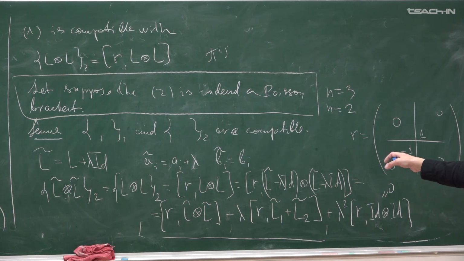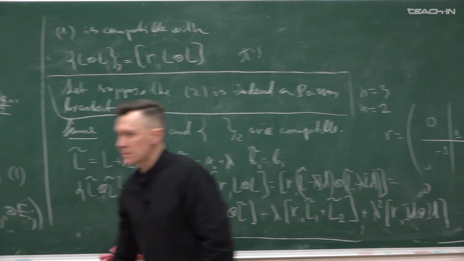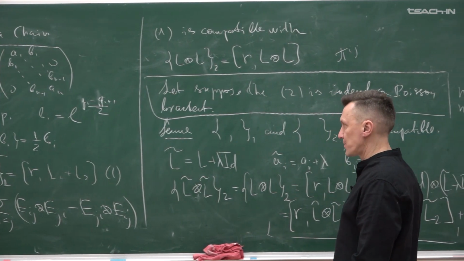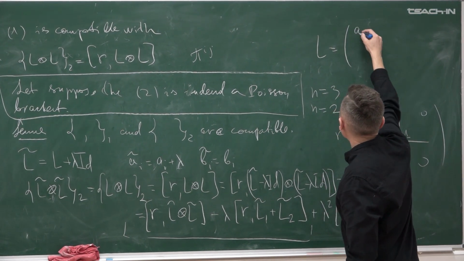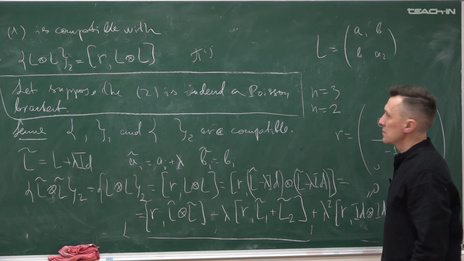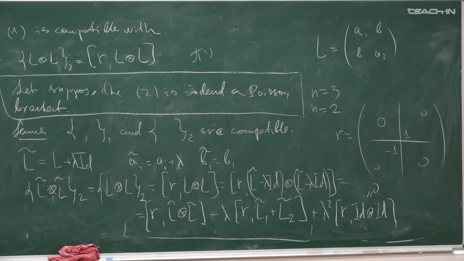Do you agree with this matrix? So what is now this Poisson bracket? L for us is the matrix with A_2, B. What are the Poisson brackets between these variables with this quadratic form?